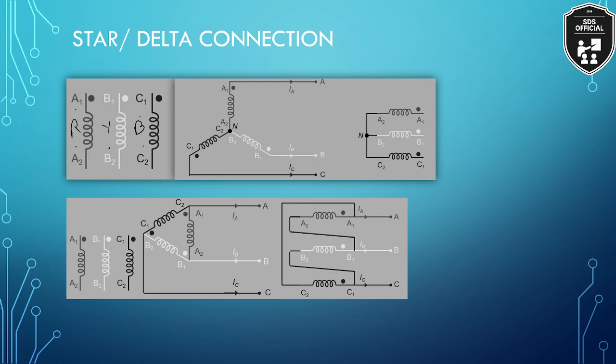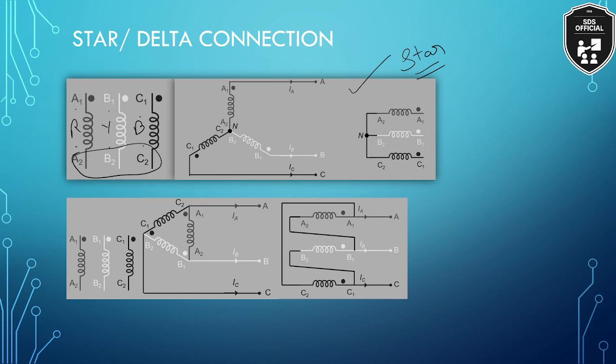Now if we connect these ends together, A2, B2 and C2, it will result in a star connection, because its figure resembles a star.